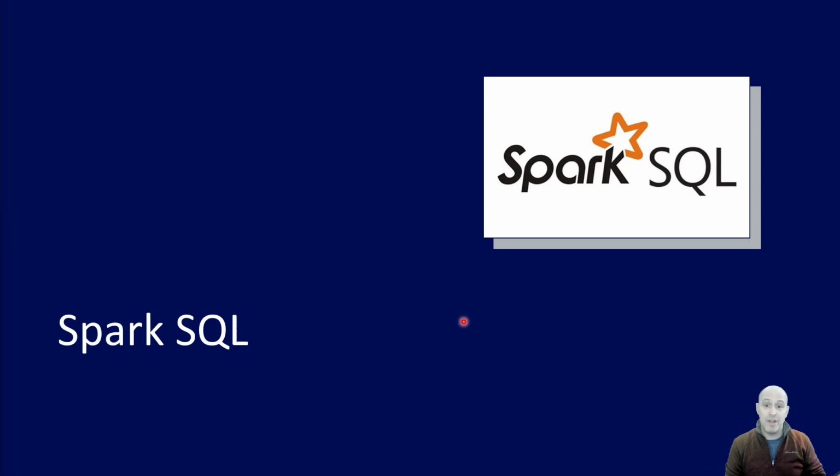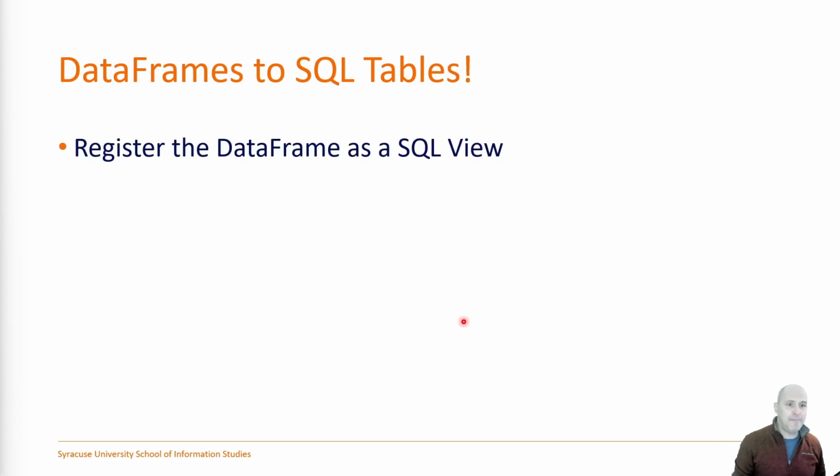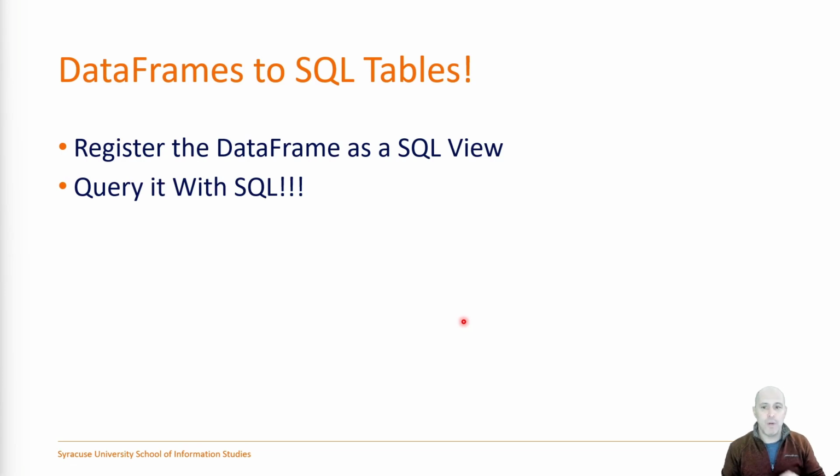It's just that when you don't have Hive config, it uses Spark's version of SQL instead of Hive's. With the DataFrame API, you can take any data frame and register it as an SQL view with Spark. At that point, it will treat it as a table that you can use in the from clause. It's really a view, but you can use it in the from clause.